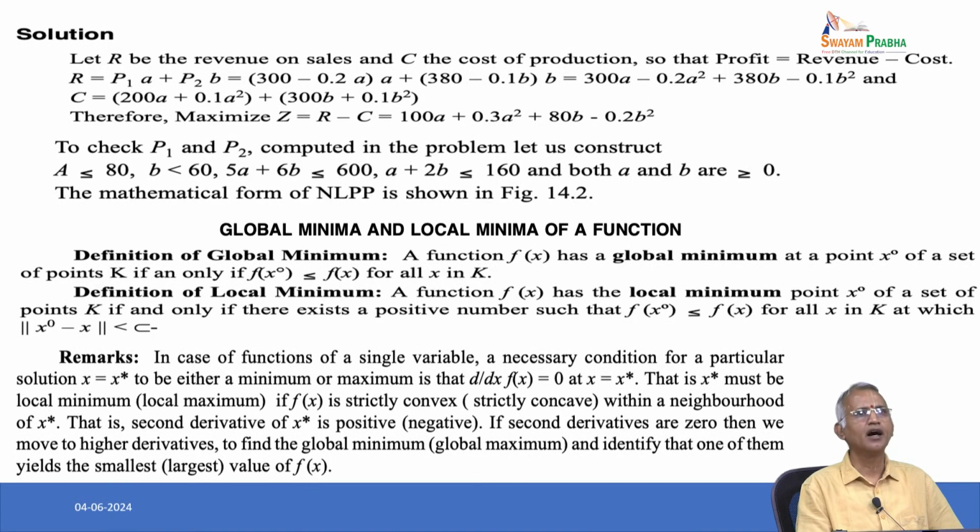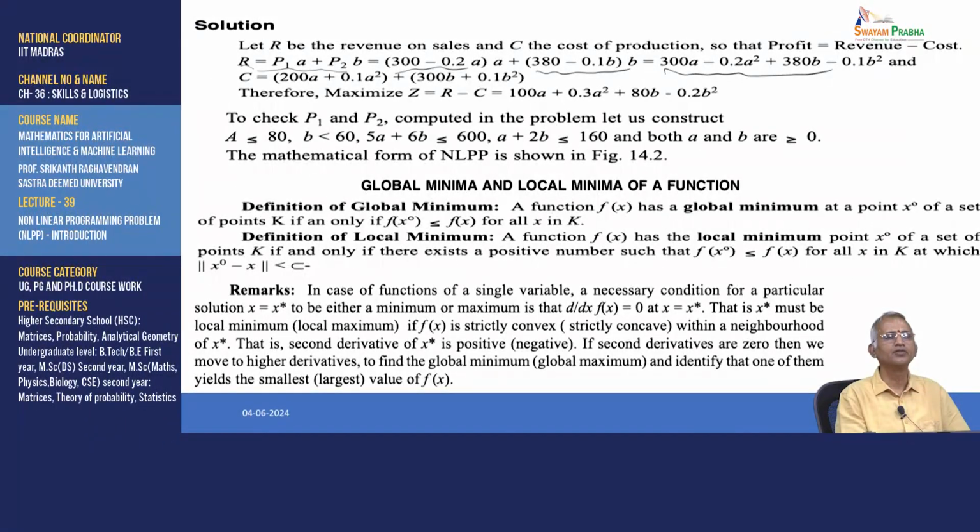So, the solution is: let R be the revenue on the sales, and C be the cost of the production. So, the profit equals revenue minus cost, where R equals P1A plus P2B, and P1 is 300 minus 0.2A, and P2 is 380 minus 0.1B. So, R is 300A minus 0.2 A square plus 380B minus 0.1 B square, and C is 200A plus 0.1 A square and then 300B plus 0.1 B square.